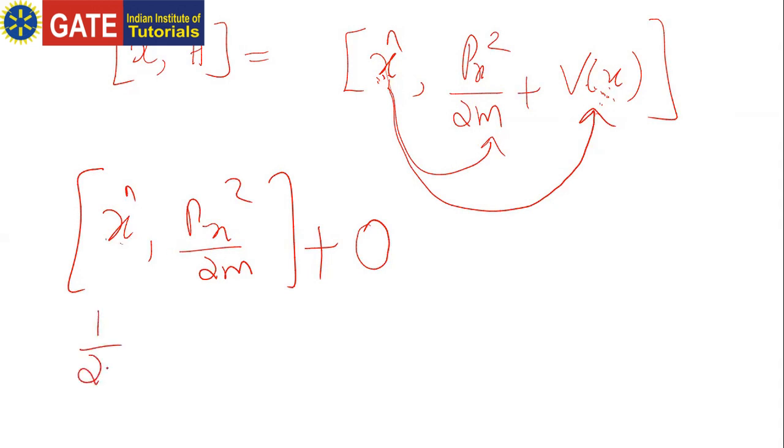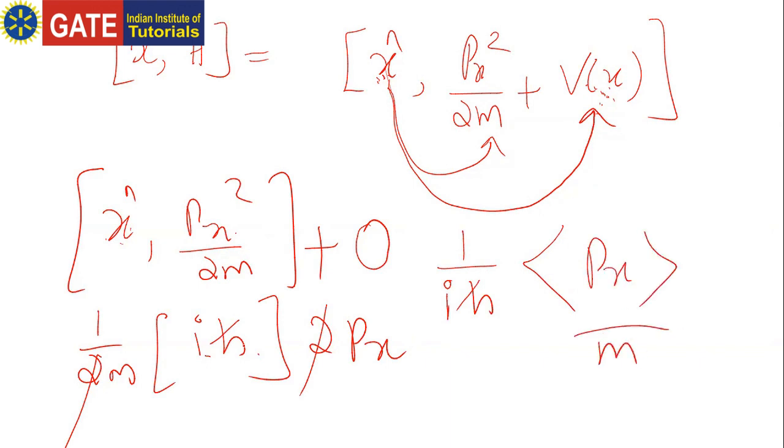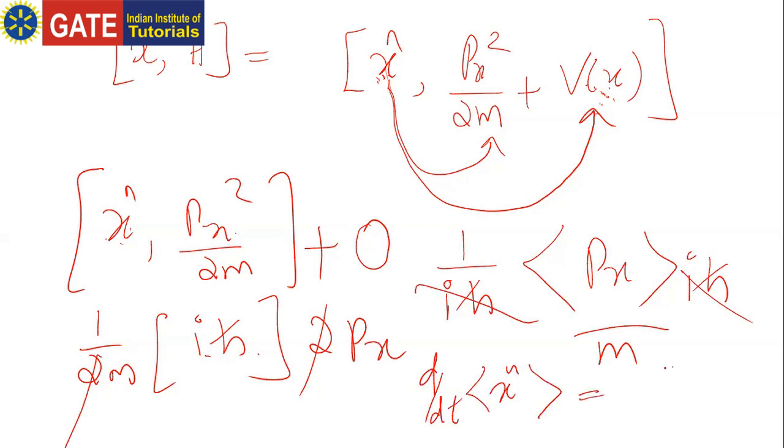This leaves 1 by 2m [x, Px squared], which gives iħ 2Px. You should remember how to solve commutator brackets, otherwise it will be difficult. The 2 cancels, and substituting in the equation 1 by iħ expectation [x, H], the value is Px by m into iħ. Cancel. So d/dt of expectation x equals expectation Px by m.